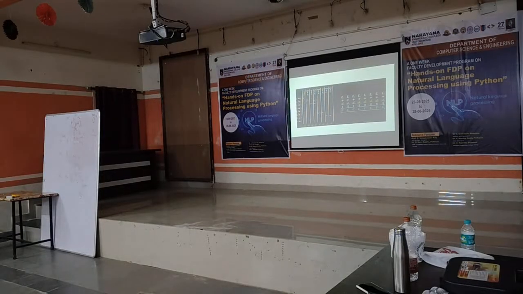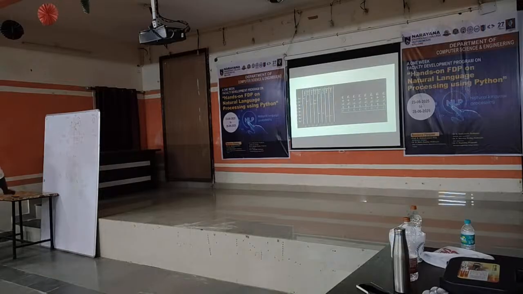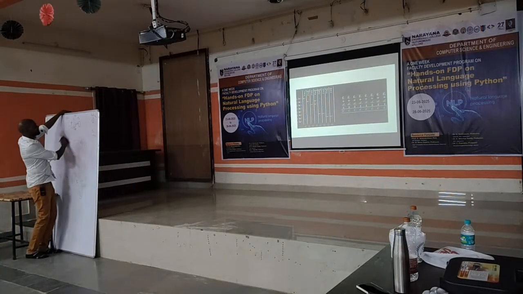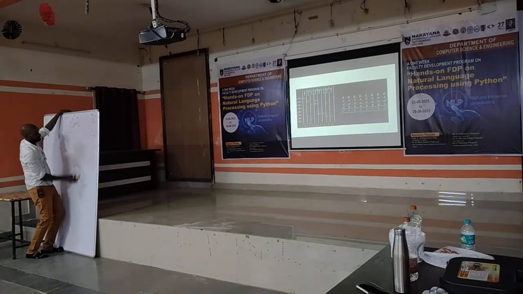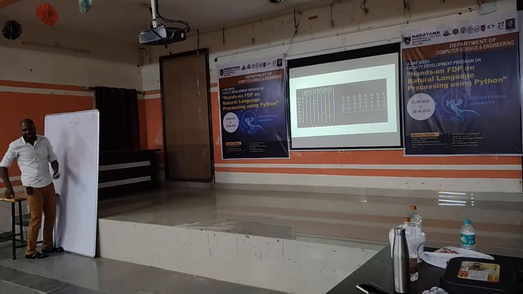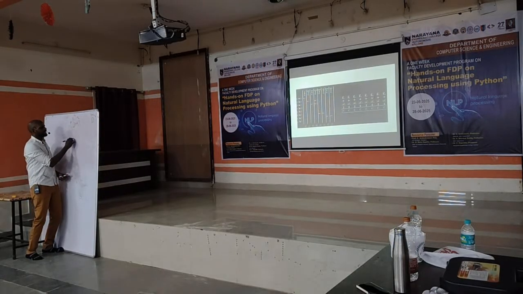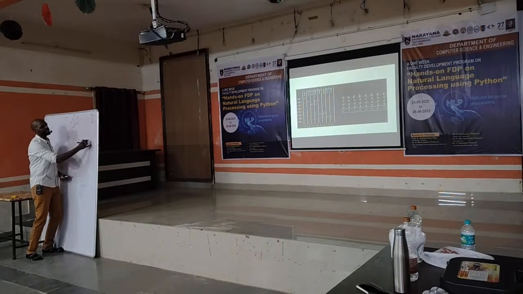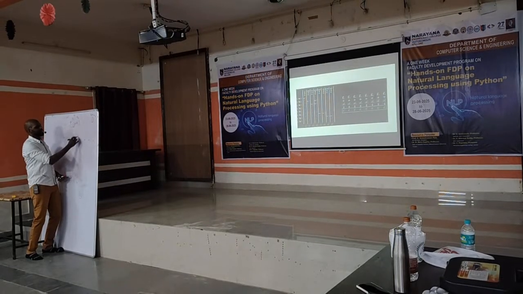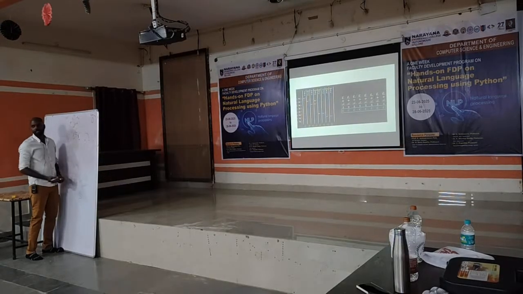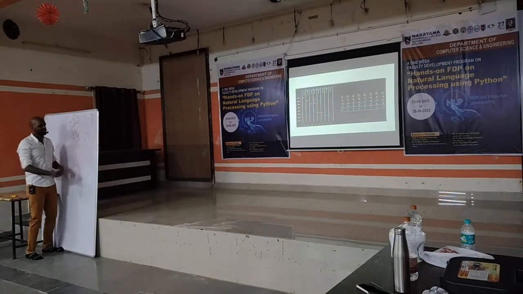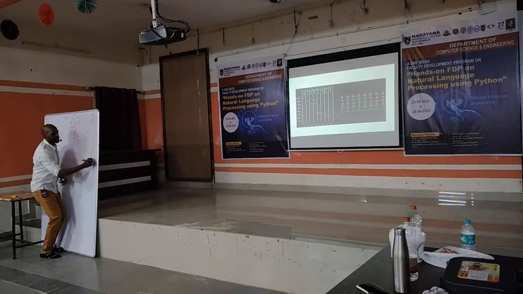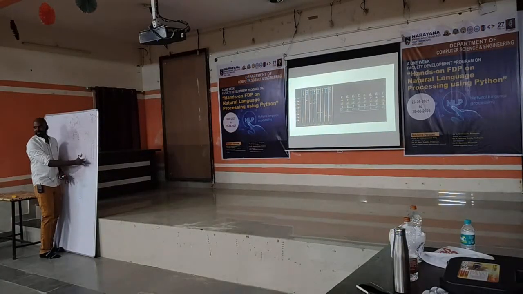Okay, so at the end of this story, after so many such repetitions, what will you have? You will have the updated embeddings. This information is flown from one vector to the other vector like this. After so many such iterations, this is able to have the entire contextual information.